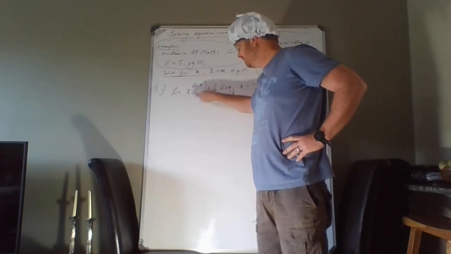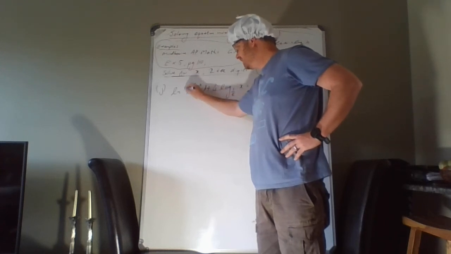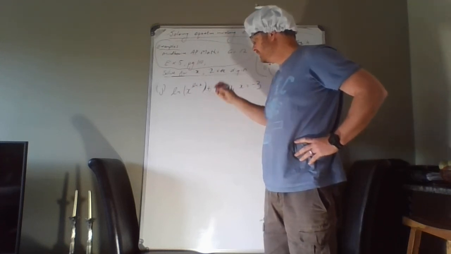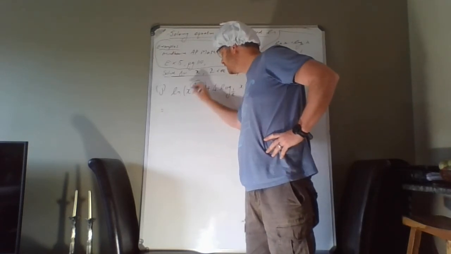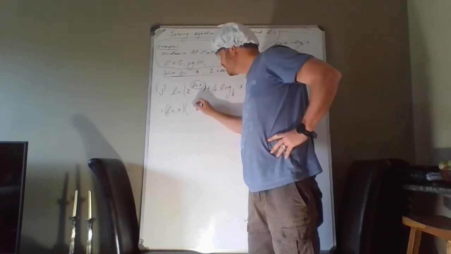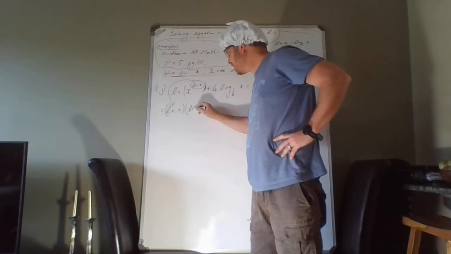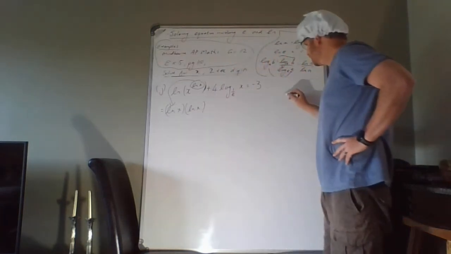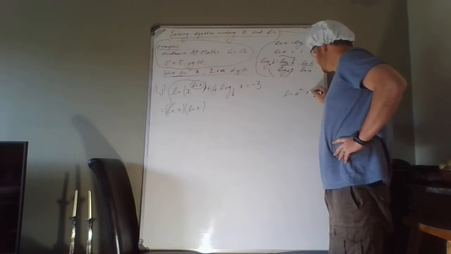That bracket doesn't have to be there, it could be just ln applied to ln x. So it becomes ln x, using the law that ln a to the n is n ln a.